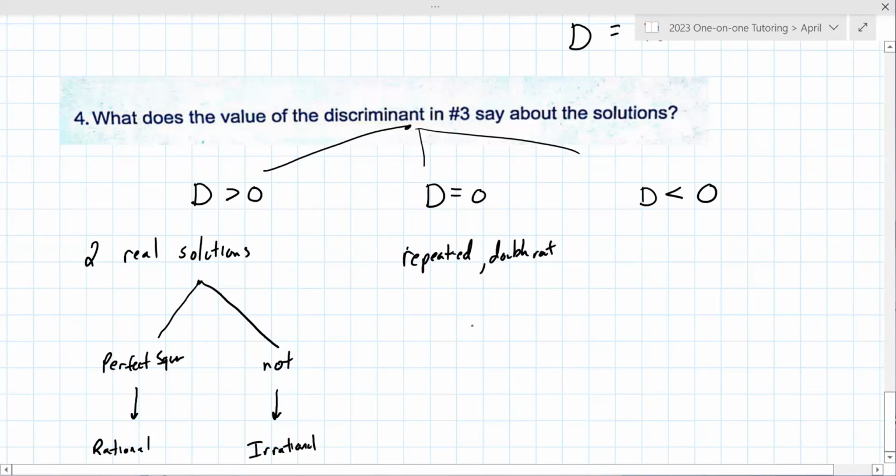Okay, so it just keeps saying the same number over and over again, two times. And what this looks like graphically is when it touches the x-axis. A little smiley face, if you're in a good mood, or it could be the other way.